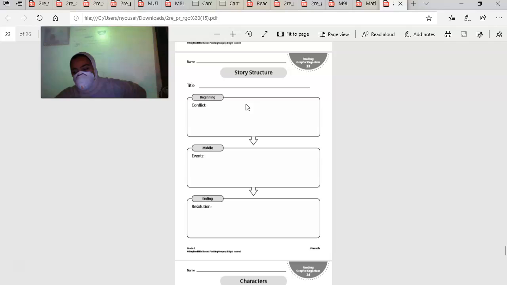Okay, so let's review. What is the problem in the story for A Cinderella Named Zoe? Leia? Good. The problem is that she wants to go to the birthday party, but her mom told her she couldn't because she thought she changed the password on the computer.